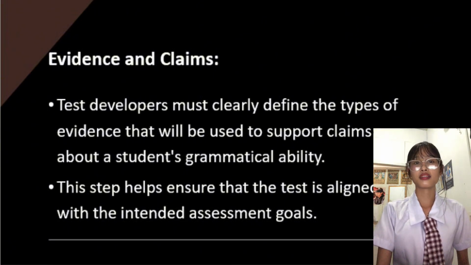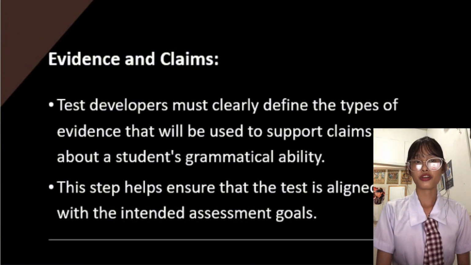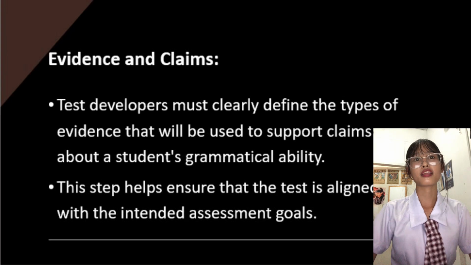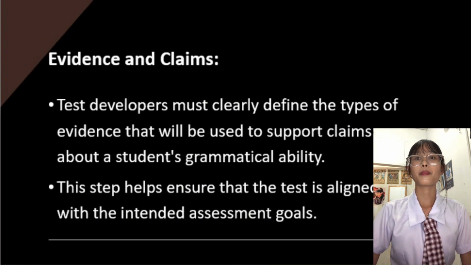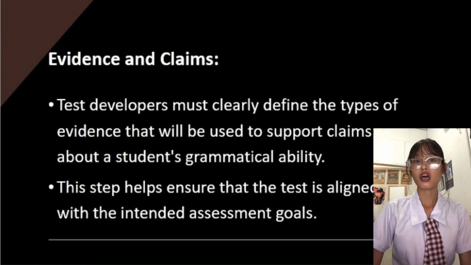This means that the test should be designed to provide evidence that supports the claims that you are making about the student's grammatical abilities. For example, if you are creating a test to assess students' ability to write a persuasive argument, you need to make sure that the test is designed to elicit evidence that supports these claims.